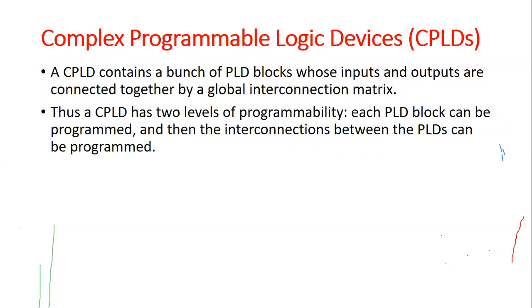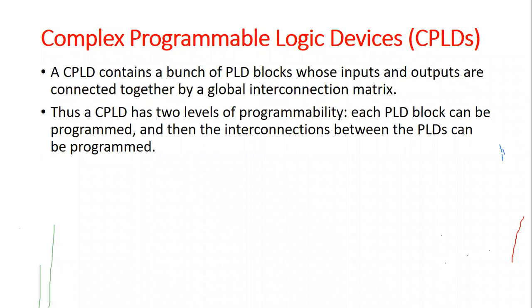Now for example, if you want to implement an application, that application may contain some 3 adders, 4 subtractors, some 2 multipliers, then what happens? The complexity of the circuit increases. So in those cases, what we need to do is consider 2 types of devices, which are called CPLD and FPGA.